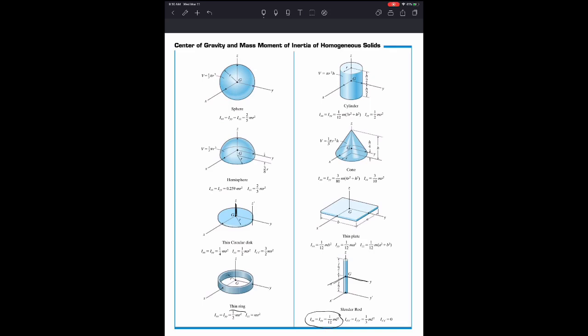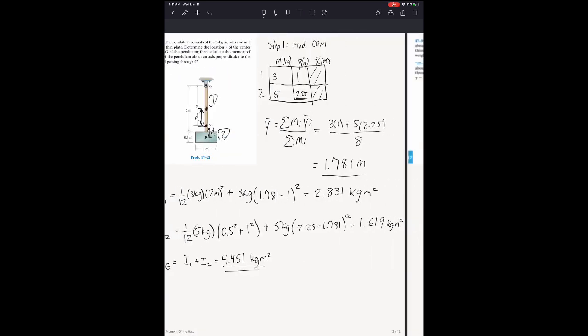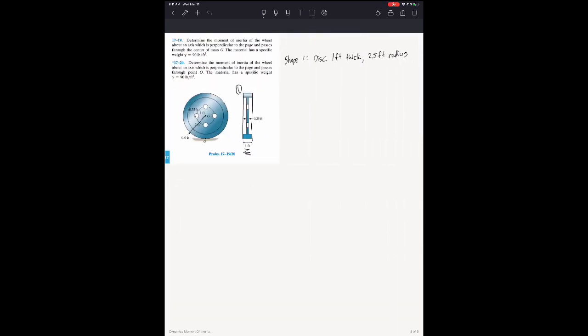It's 1/2 mr squared. But I should recognize immediately, I don't actually know the mass. The moment of inertia is equal to 1/2 m times 2.5 feet squared, but I don't know the mass, so I'm going to need to calculate the mass.